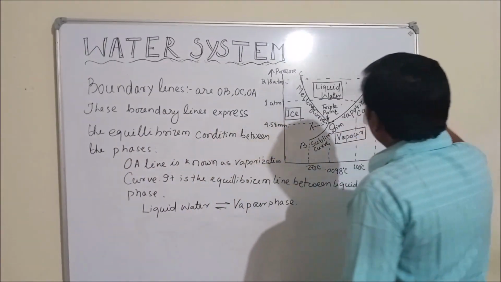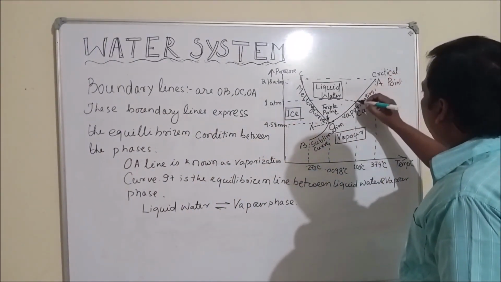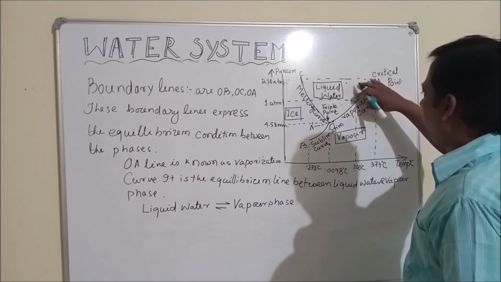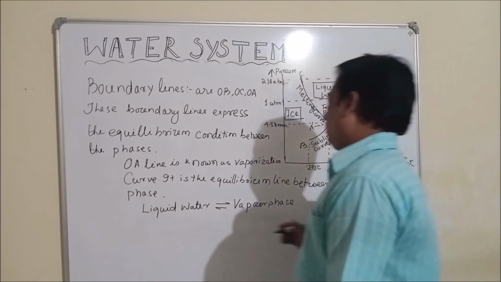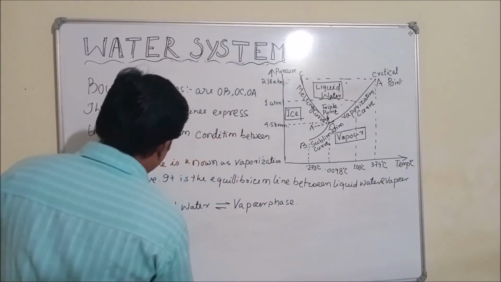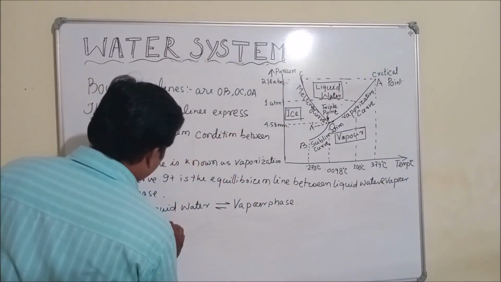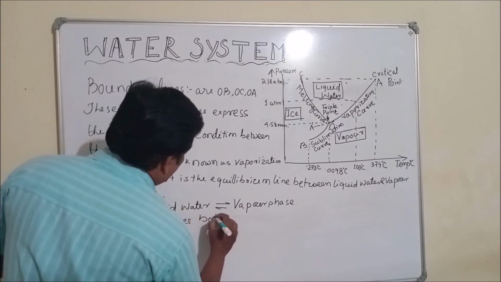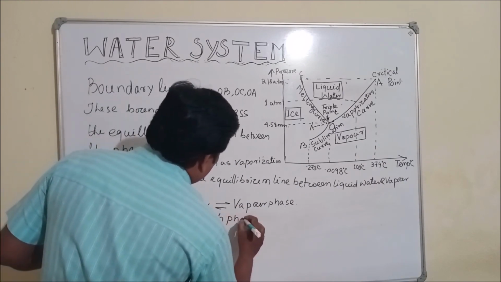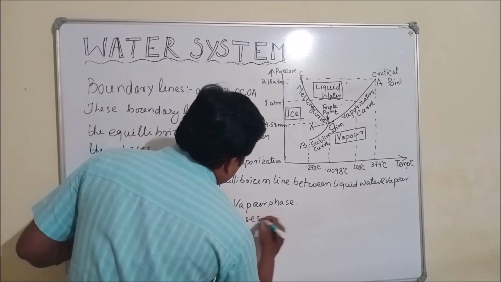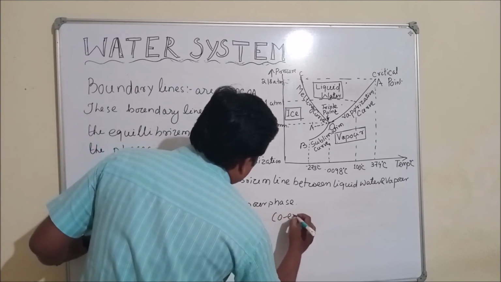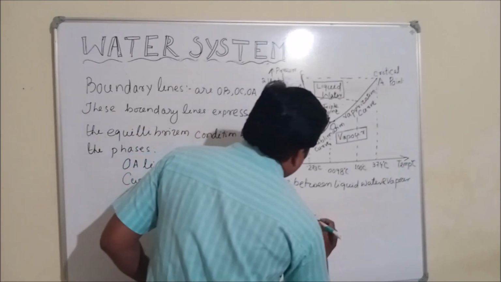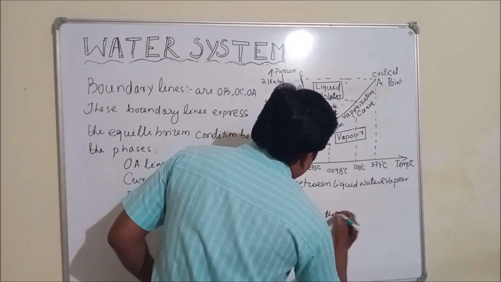On this OA line, both phases are in equilibrium, okay? That implies both phases coexist, meaning they stay together. So both phases coexist on the OA line.